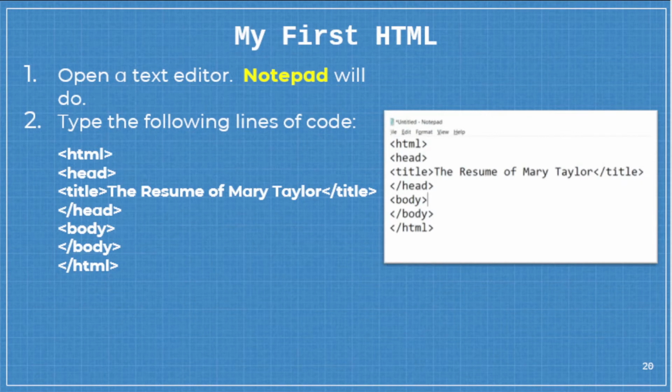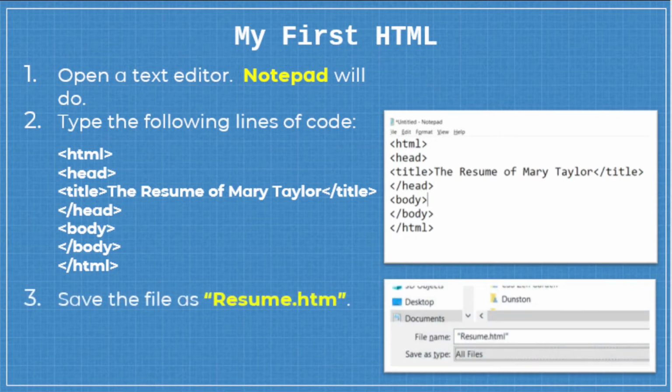Now this is what your Notepad should look like when you type this code. See if this is how you also typed your entry in your Notepad. The next thing that we're going to do is to save. Now listen carefully on how we save.